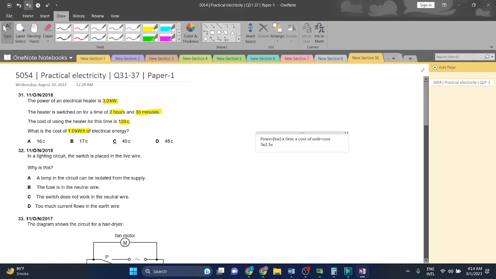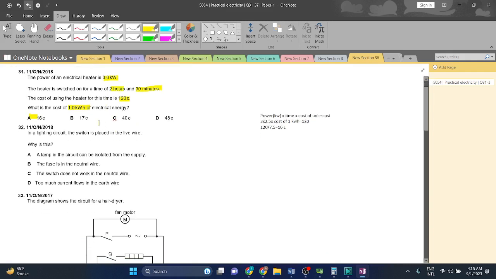The cost of 1 kilowatt hour will be equal to 120 cents. If we divide 120 by 7.5, we get an answer of 16 cents per 1 kilowatt hour of electrical energy. So that will be A.